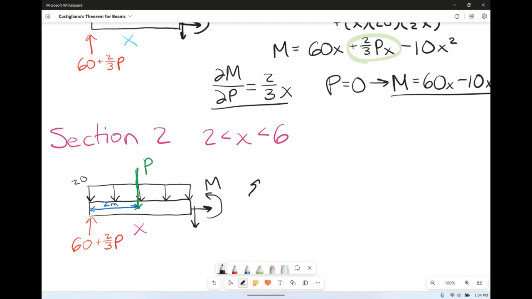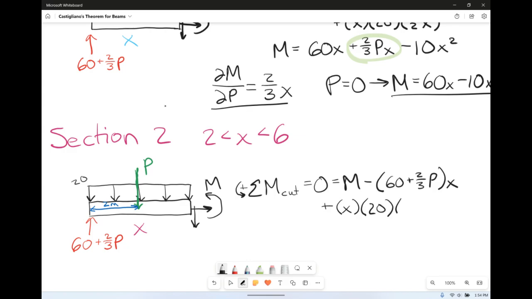So if we sum the moments about the cut and set it equal to 0, taking counterclockwise to be positive, we're going to get M for the moment. Then we have our AY, so it's going to be minus 60 plus 2/3 of P times its distance of X, plus we have the base, which is X, the height, which is 20, times the distance of 1/2 X, plus we have P. Now P is not times X, it's times X minus 2 meters, because it was already in a certain distance.